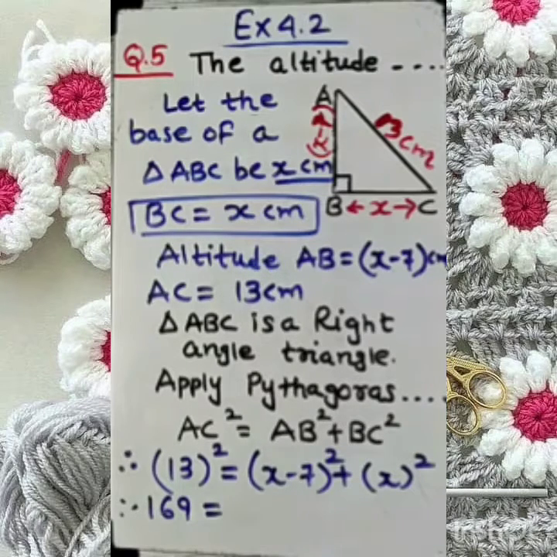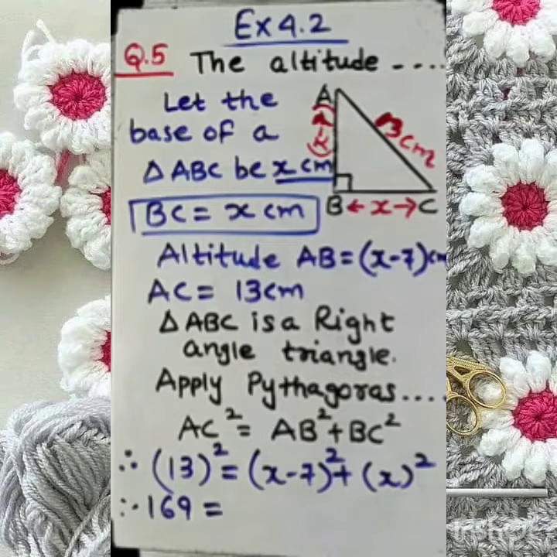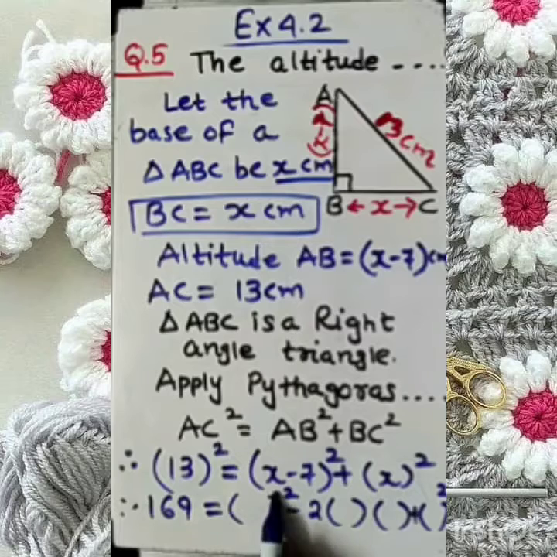Now what to do with x minus 7 whole square? How to simplify? Here dear student, we need to apply the second identity, that is the a minus b whole square identity. So we mention a square minus 2ab plus b square, plus x square, which is additional.